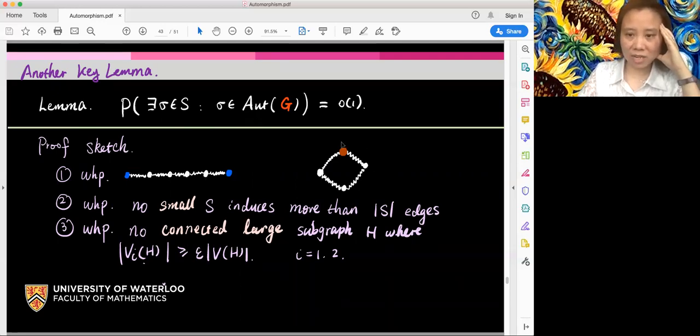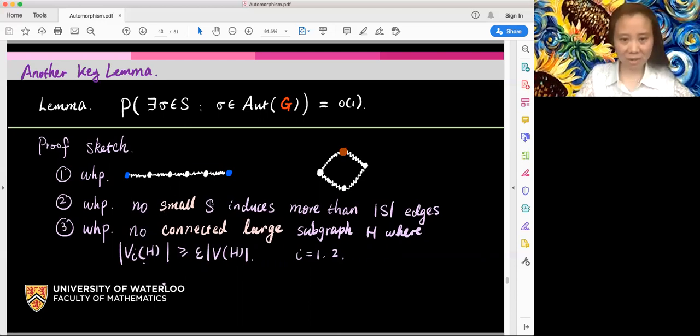And also, if you take any cycle in your graph which contains a vertex with degree 2, you also have to see at least, say, 3 vertices of degree at least 3. It just means that you have to see vertices with degree at least 3 sufficiently often.